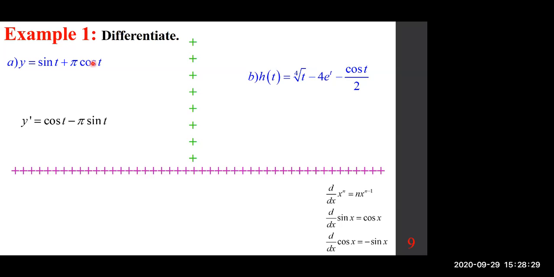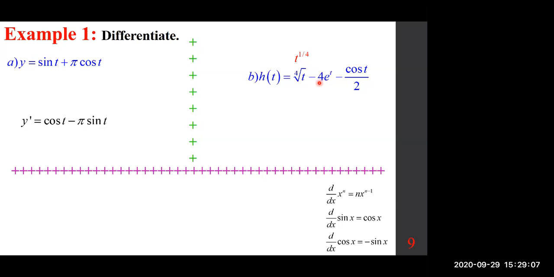Let's look at the next one. The very first thing we need to do, we need to change the fourth root of t to t to the power of 1/4. Therefore, the power rule can be used. Okay, everybody? The power rule can be used. And so, with that being the case, the first one becomes an easy case of 1/4 t to the power of 1/4 minus 1.